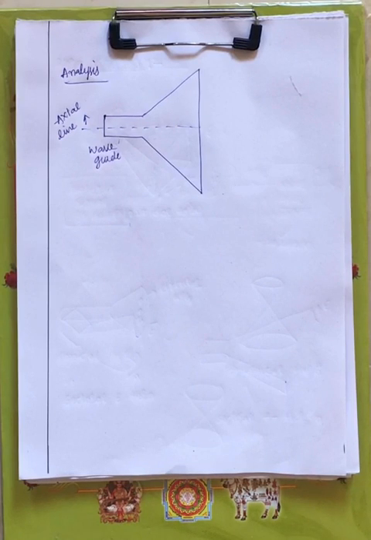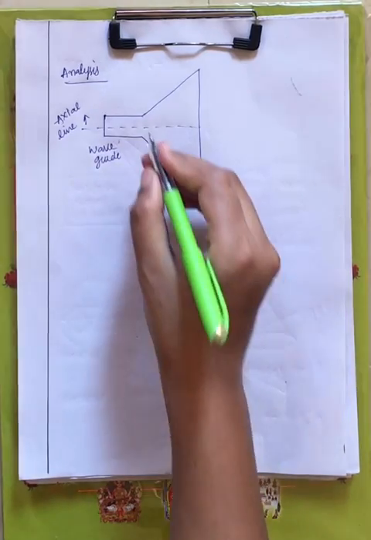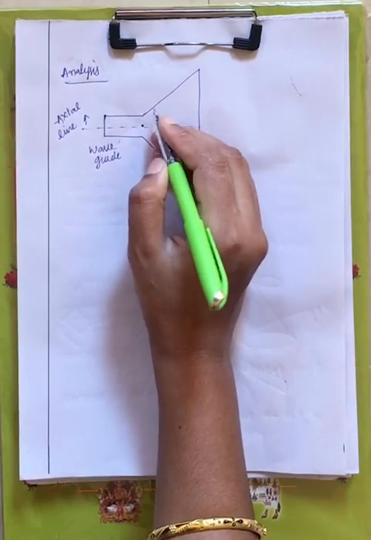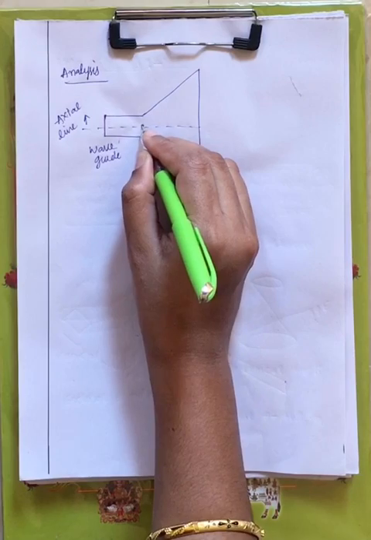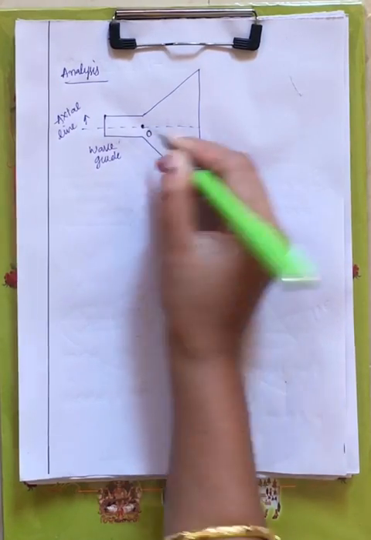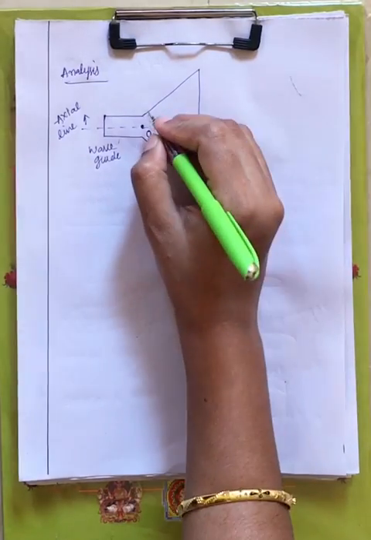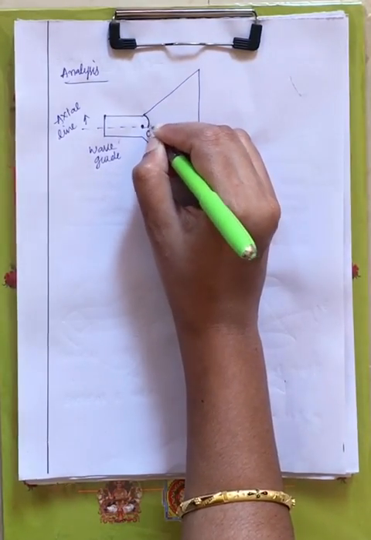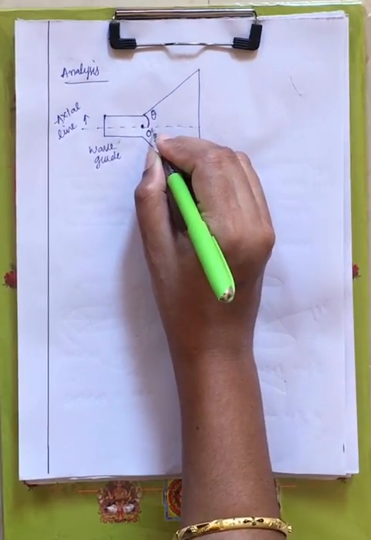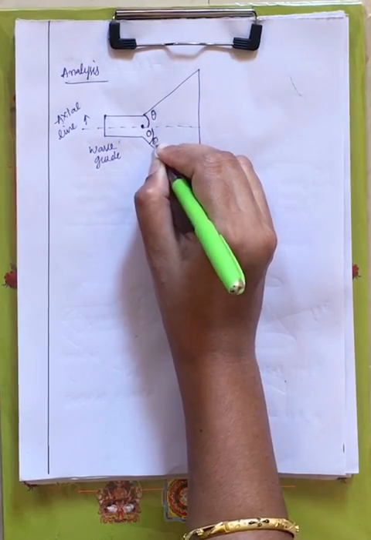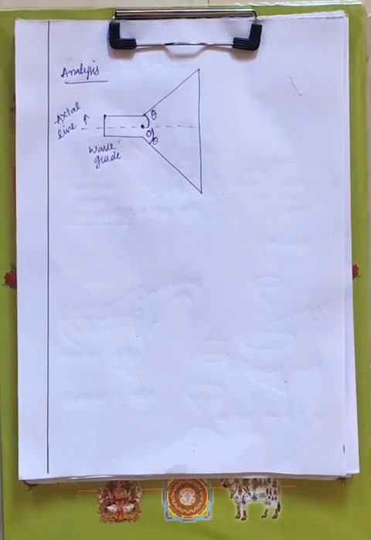Here we have to define three parameters. What are those? Let us see. Where this angle will start, that particular point we define as O. This is angle theta, and this is also angle theta, and the total angle will be 2 theta.